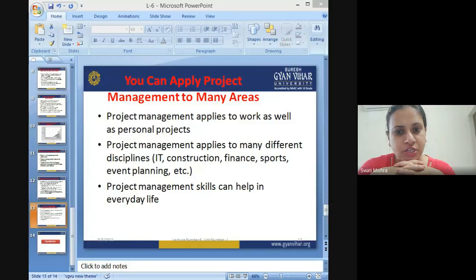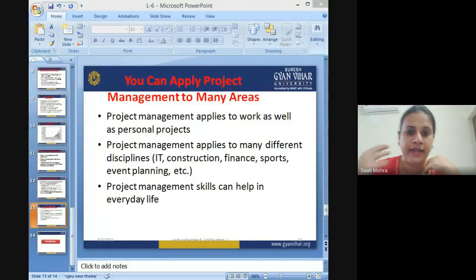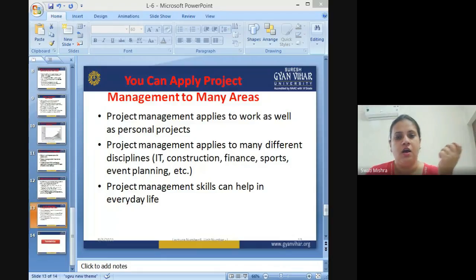So these construction firms keep using the ideas and concepts of project management, the scientific methods and methodologies, which are constantly applied to the projects undertaken by organizations in the construction business especially. And similarly, the finance companies also need project management.